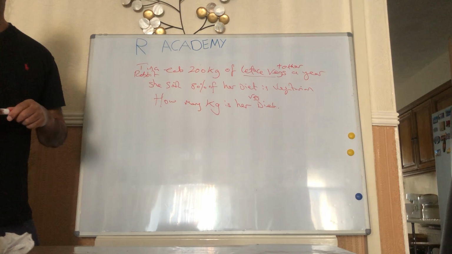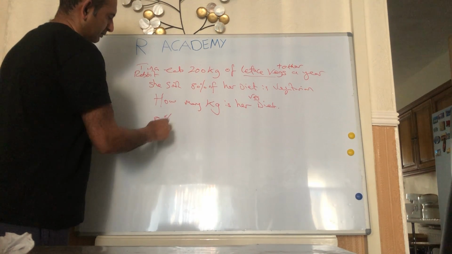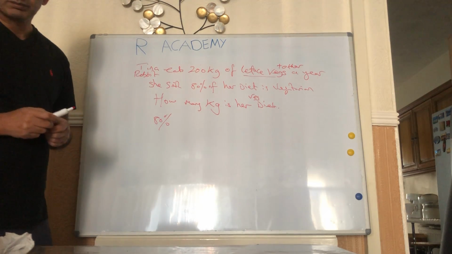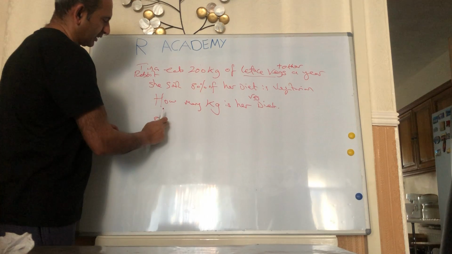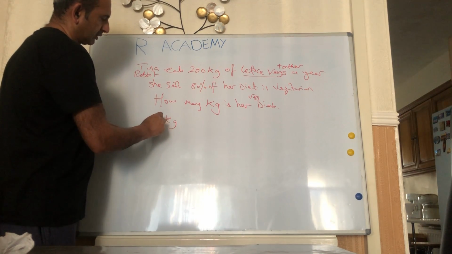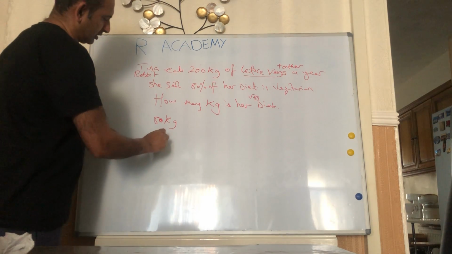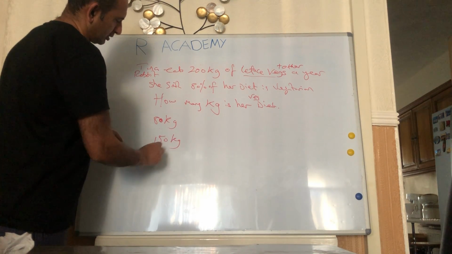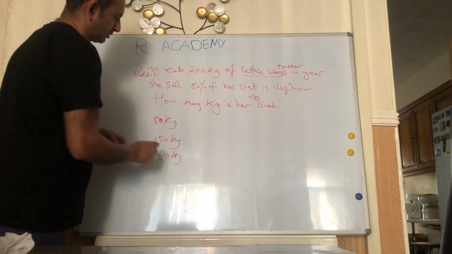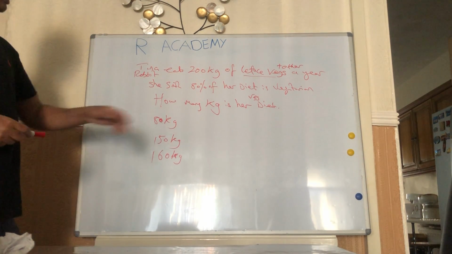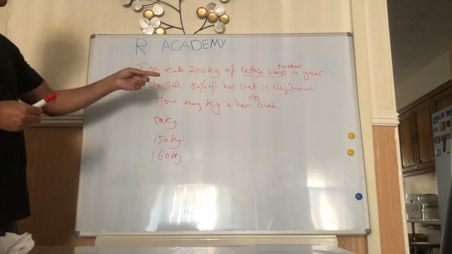So the answers that we got was 80%, 80 kg, not in percent, it's in kg, right. The answer's in kg, 80 kg, 150 kg, or is it 160 kg? So to work on this, we need to find out first what 80% of 200 is.